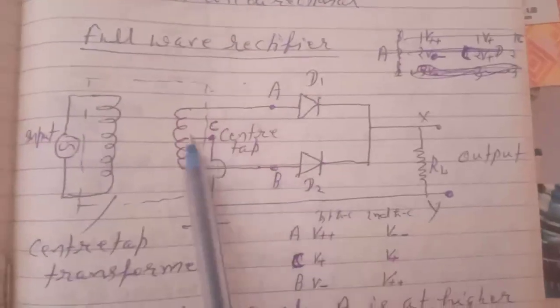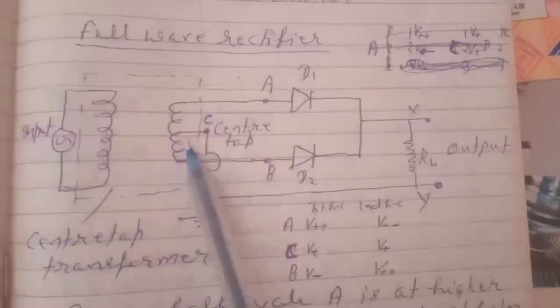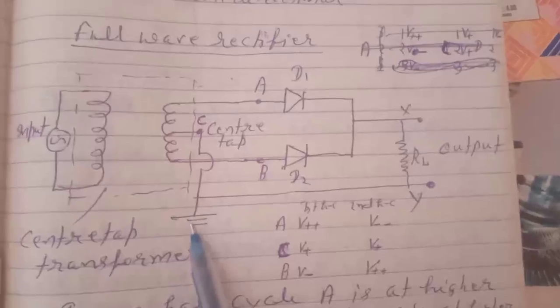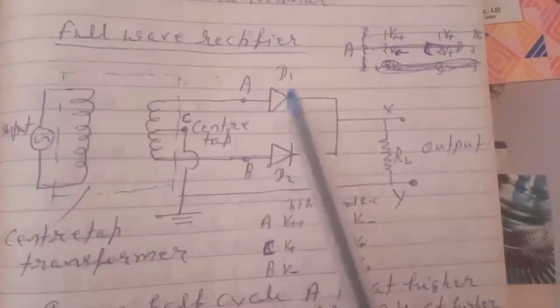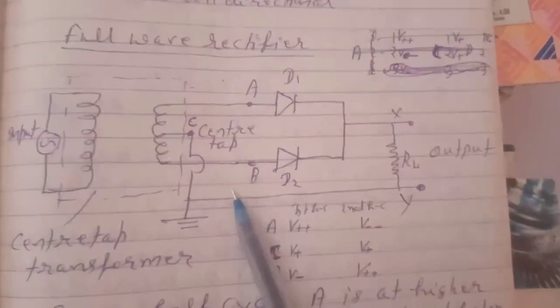And here we find the transformer output. Now there is a tap in the center and it is grounded, and there are two diodes D1 and D2 to make the full wave rectifier.